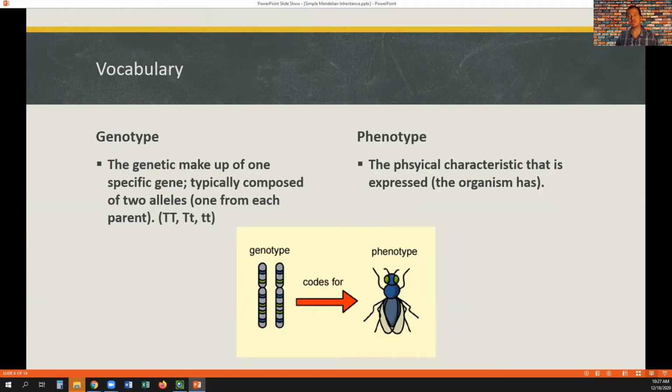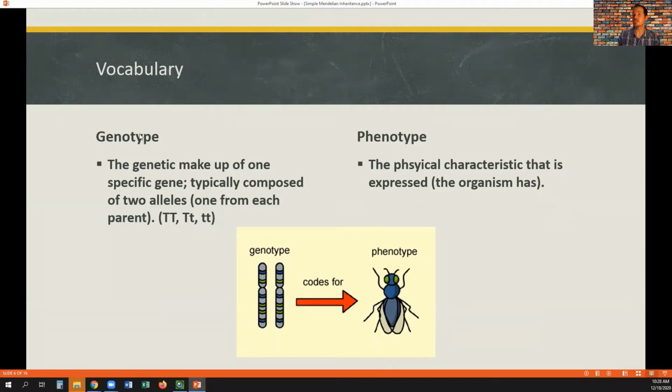So a genotype is an organism's genetic makeup that controls for one specific gene, and it's typically composed of two alleles, one from each parent. We will go over these alleles and what we call them, but these are the different combinations of alleles, and we call those the genotype for that trait.